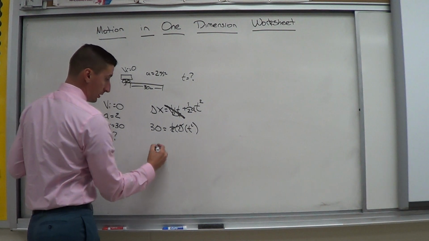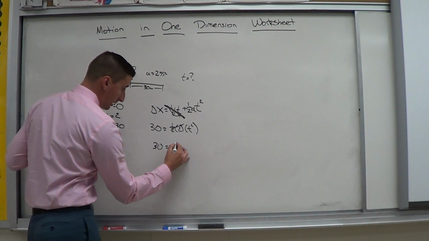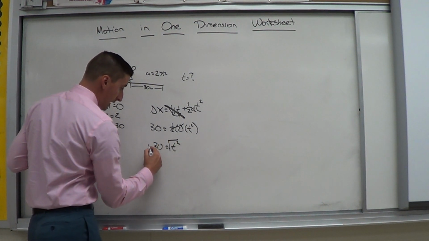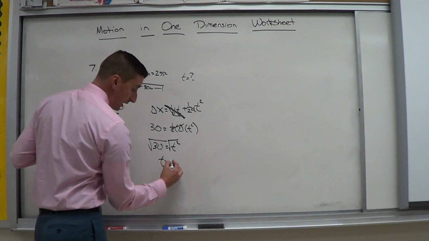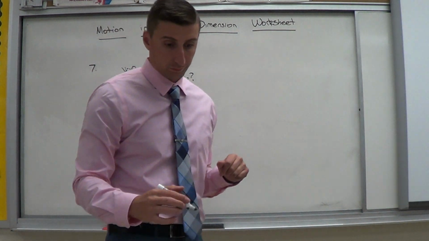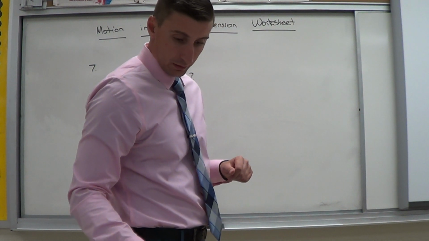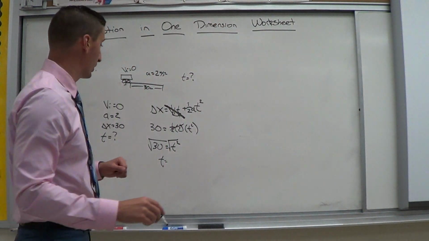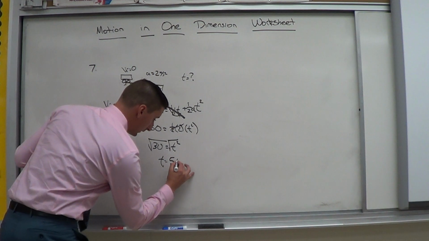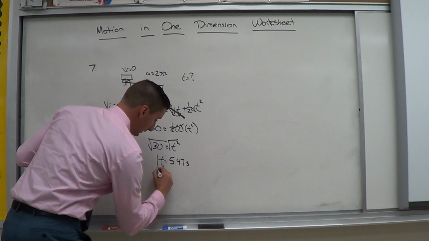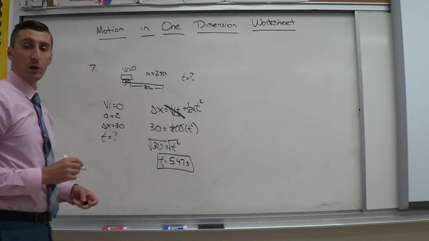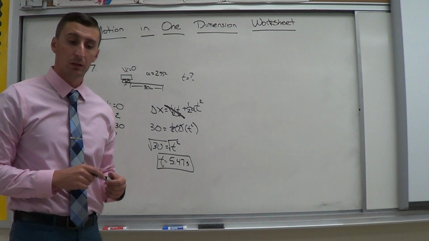So I get 30 equals T squared. Square root each side. T equals 5.47 seconds. That one's pretty straightforward, pretty easy. Okay? Good.